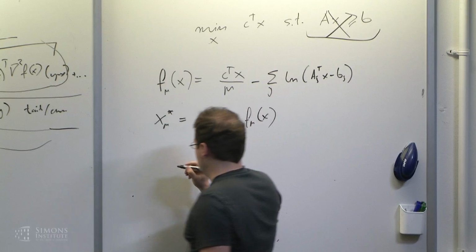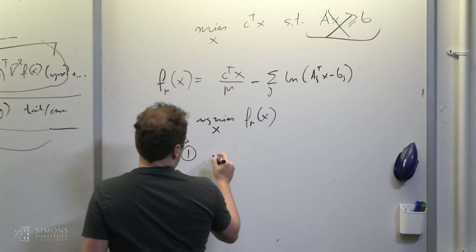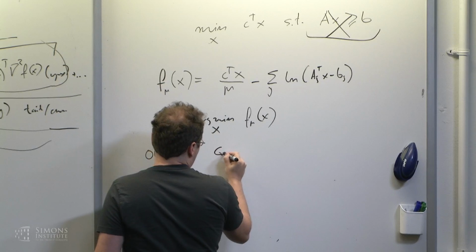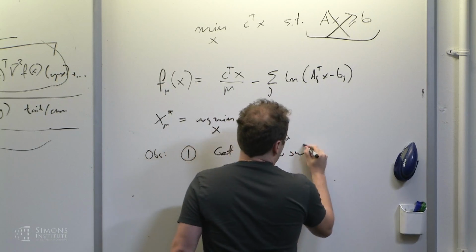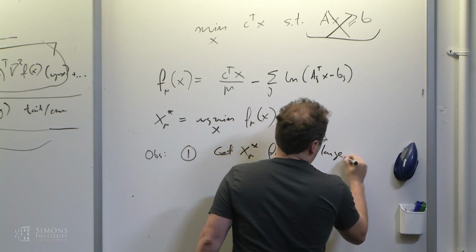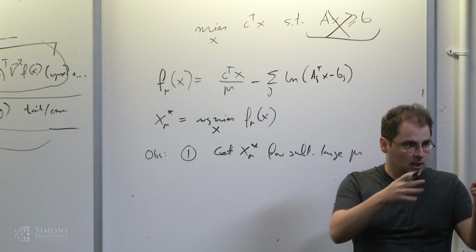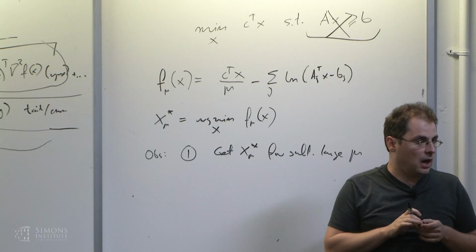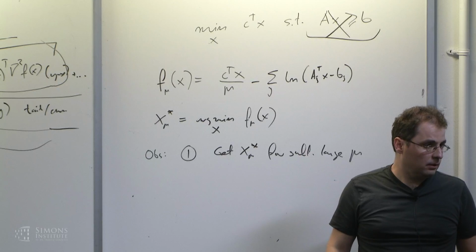Now, there are two observations we want to make. One is that you can get x mu star for sufficiently large mu. If mu is large enough, and Steve explained how you can do it, you can actually get this solution right away.